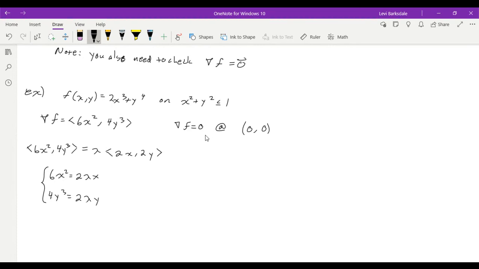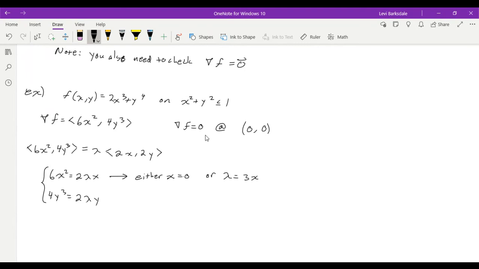So in this case, we could cancel our x's from each side of our first equation, but only if x is not equal to 0. So we can say either x is equal to 0, because if x were equal to 0, then this first equation would of course be satisfied, or we can divide both sides by 2x and get that lambda would be equivalent to 3x.